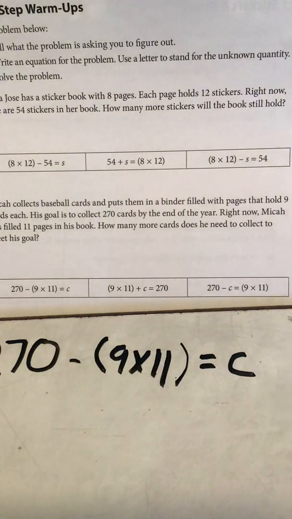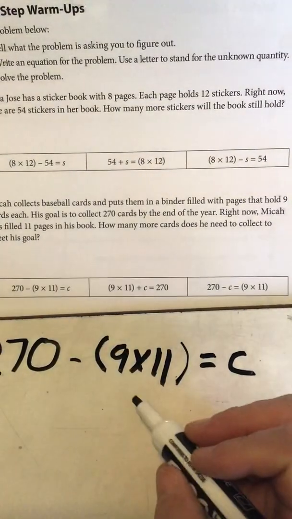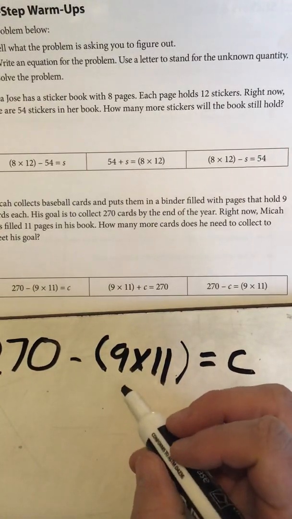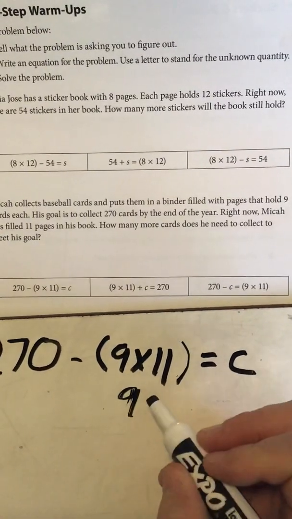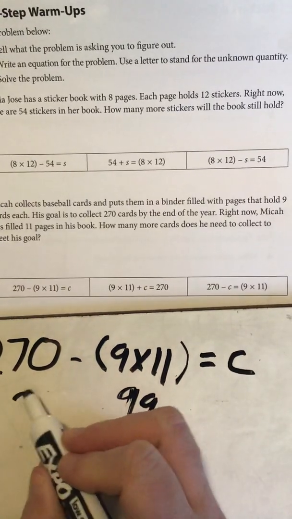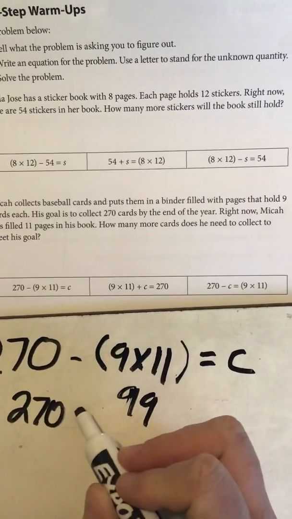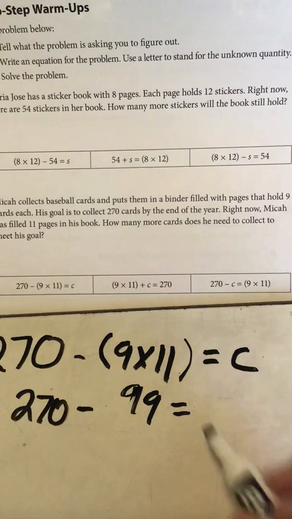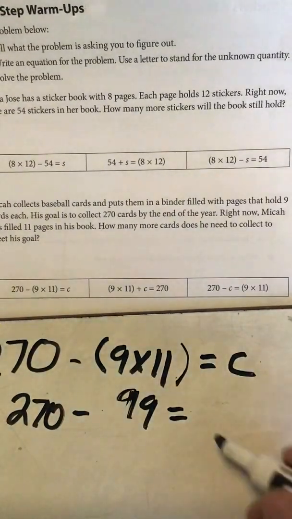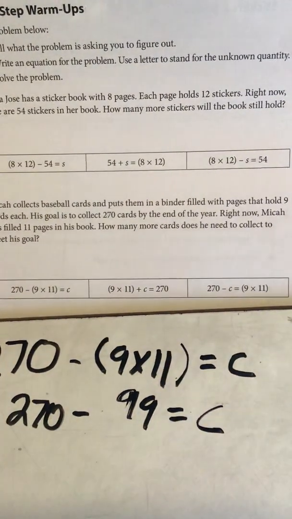All right, so what is, again, 9 times 11? If we need to do a friendly number, 9 times 10 would equal 90, plus an additional group of 9 would be 99. So we have 270 minus 99 will equal our cards, the number that he needs to get, right?